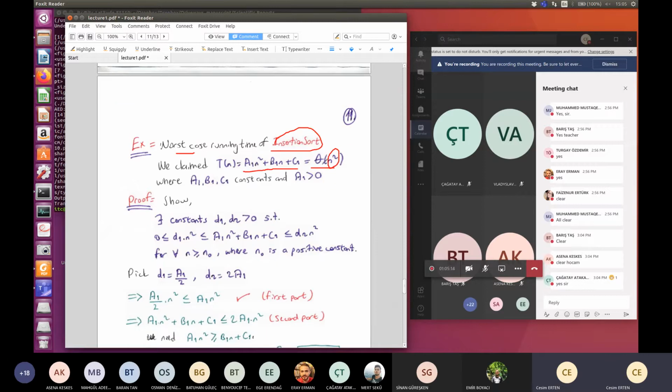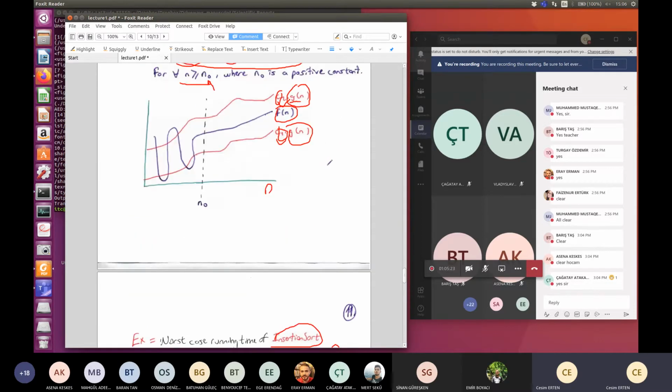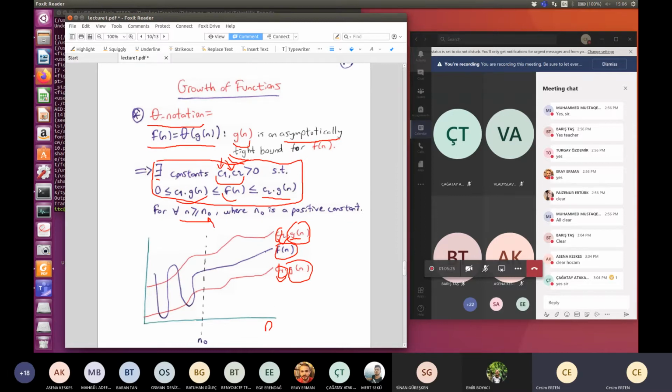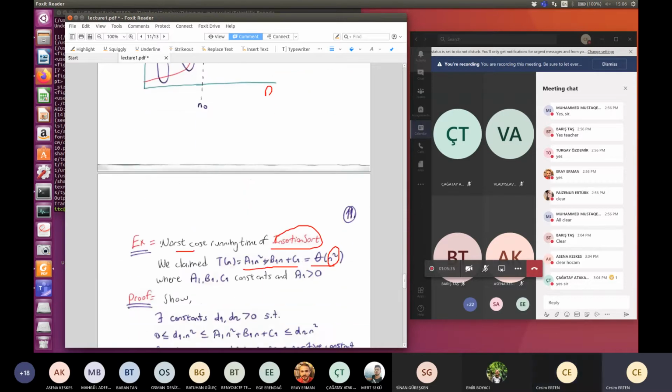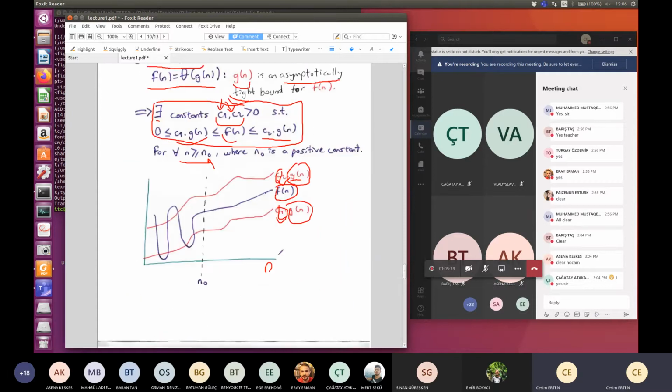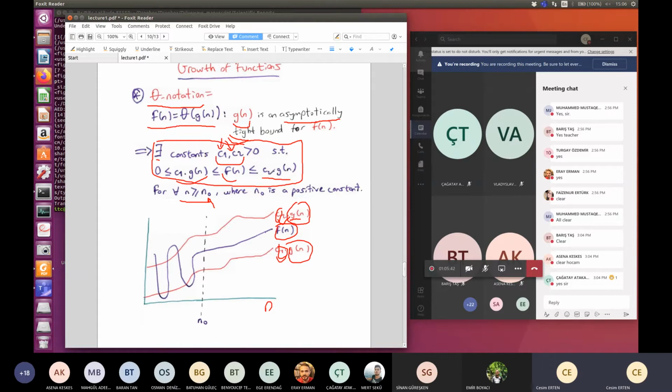Now, how can we prove that a1n squared plus b1n plus c1 is actually theta of n squared? To prove that, we will need to use this definition. We will need to find constants c1 and c2 such that our f of n is less than or equal to c2 times n squared and greater than or equal to c1 times n squared.